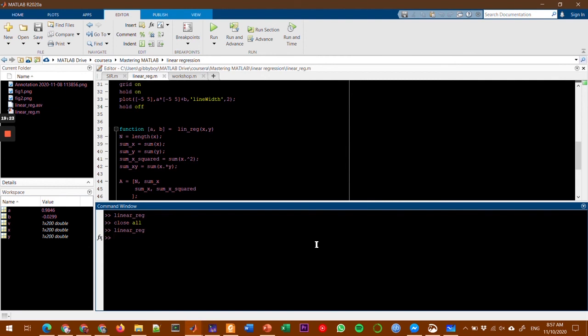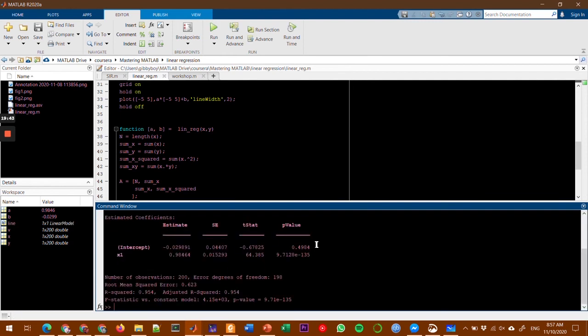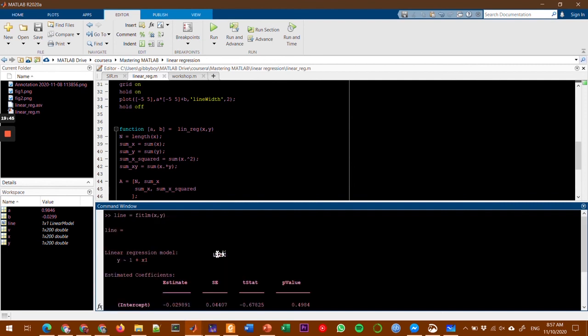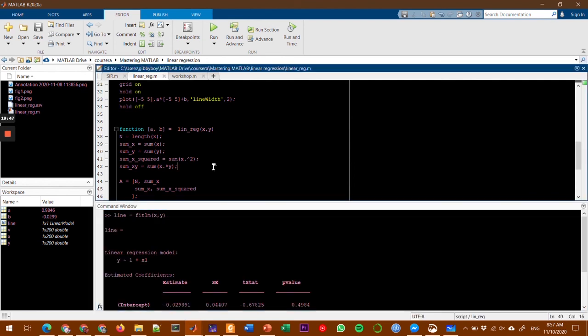Store it in line, the command fit. We'll make use of our data X and Y. And this is fit lm for linear model. And if we hit enter, it automatically fits, right? So actually, what the program did earlier is already built-in in MATLAB, the fit lm.